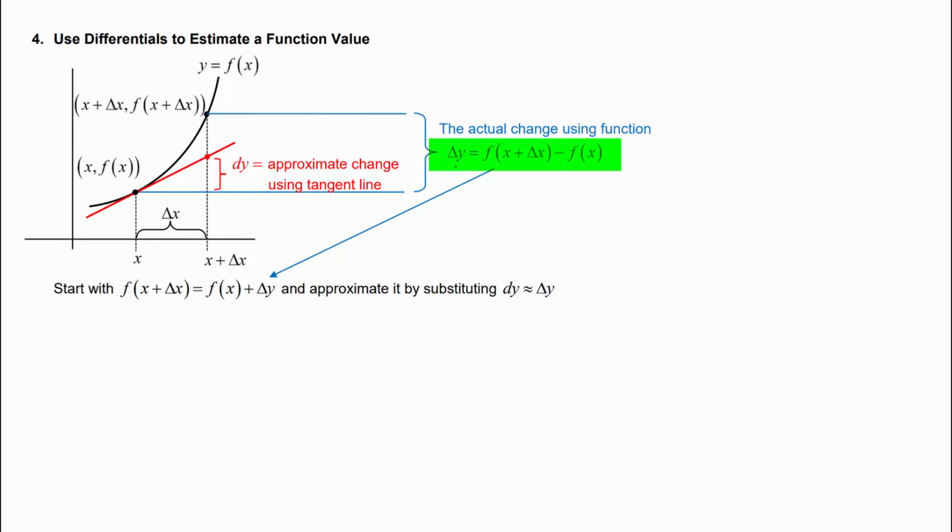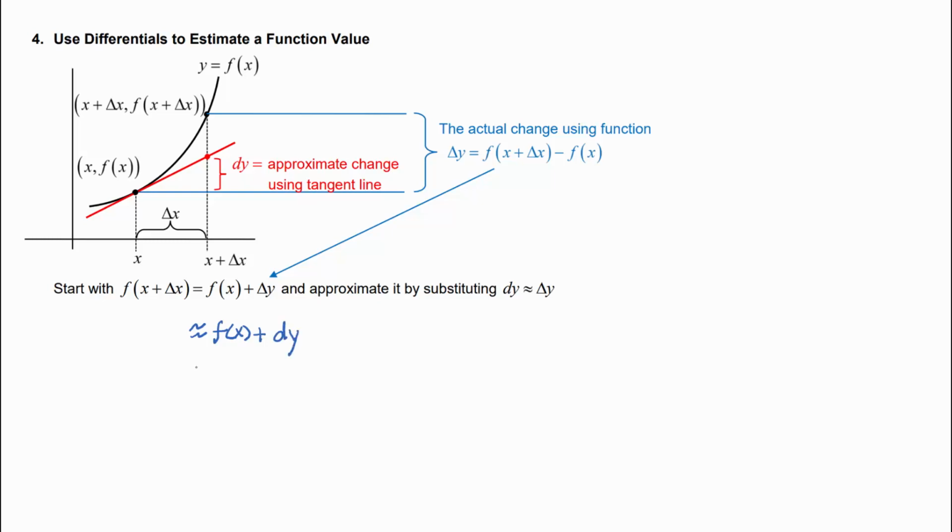So now we learned that delta y is equal to f of x plus delta x minus f of x. By adding f of x to both sides, we get f of x plus delta x equals f of x plus delta y. To find f of x plus delta x, I could approximate this by f of x plus, and we just learned that delta y is approximately equal to dy.